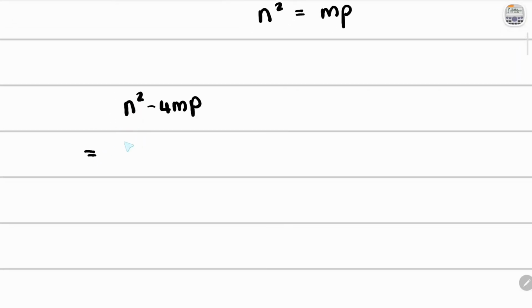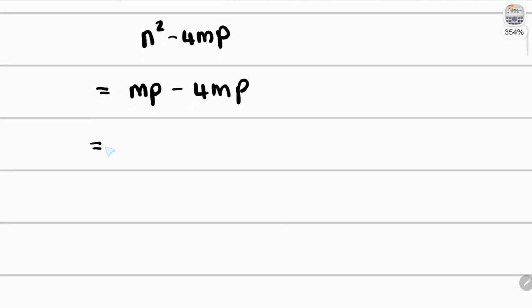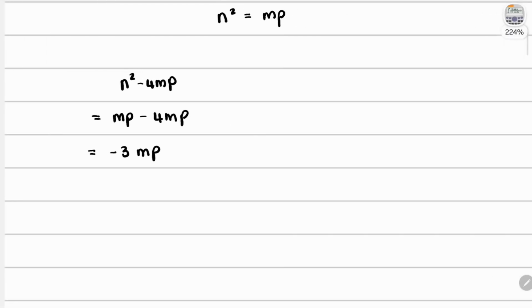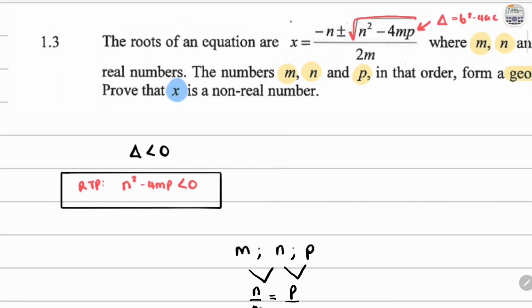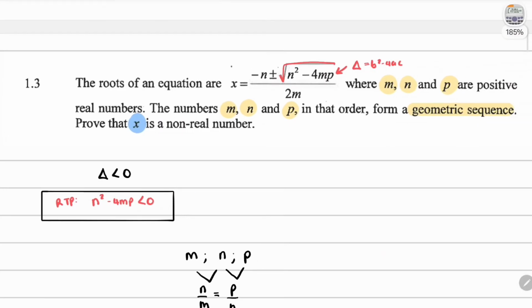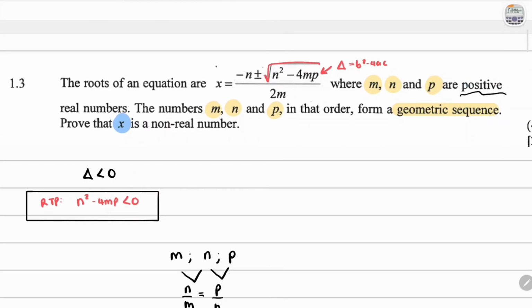In place of n squared, we can say mp minus 4mp, and these are like terms. So mp minus 4mp is equal to negative 3mp. What does that say about this expression? We know that m and p are positive real numbers.